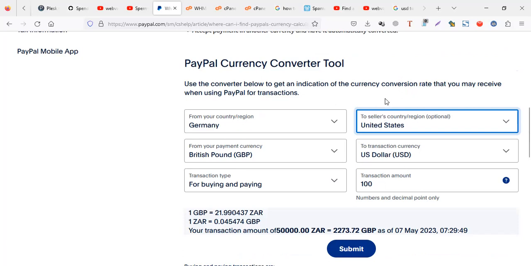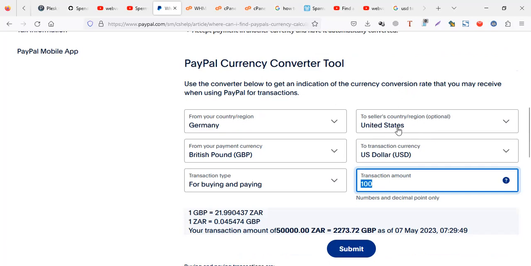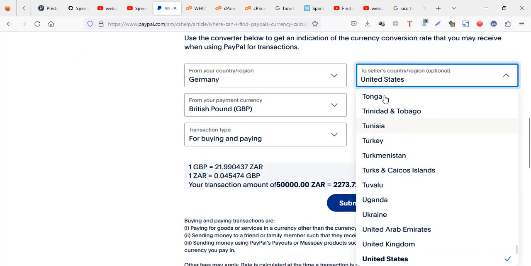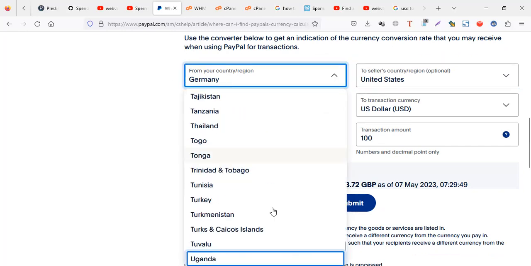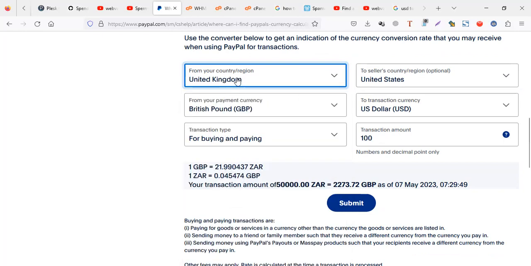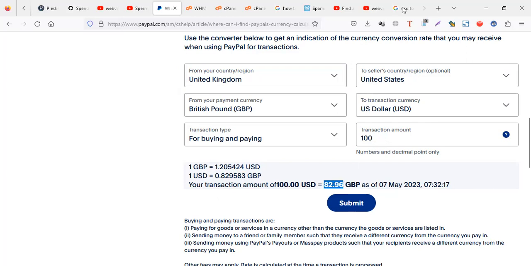So I'm paying for something $100, and maybe the receiver account is from the UK, and his account is in British pounds. When I send him $100, let me submit. PayPal tells me the receiver is going to get 82.96. Let's compare it on Google.